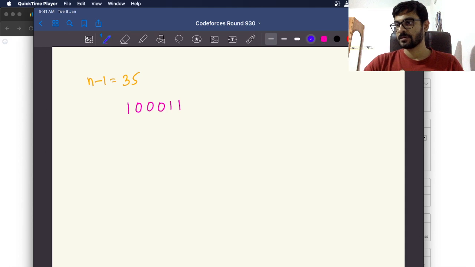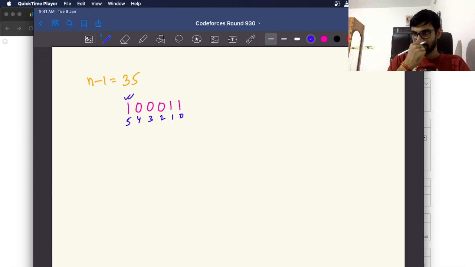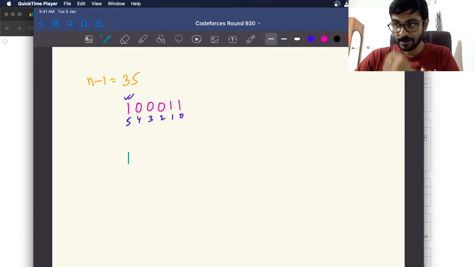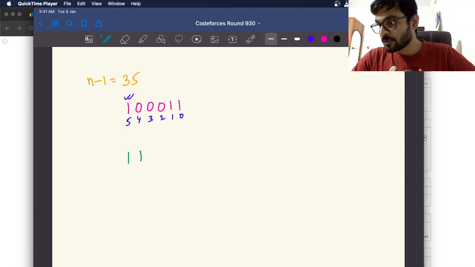And now the bits are 0, 1, 2, 3, 4, 5. This is the bit that is the largest possible. So in my XOR, what can I expect? Definitely I cannot expect a 1 before this. This is the maximum, so definitely I'll expect this to be 1, and then I'll expect everything over here to be 1. Is it possible? Definitely it is possible, because we can find a number like this.